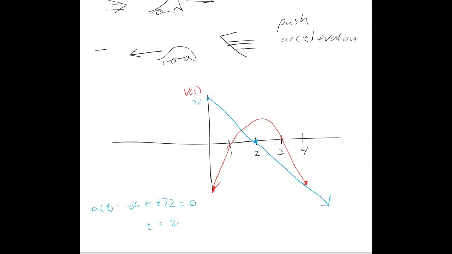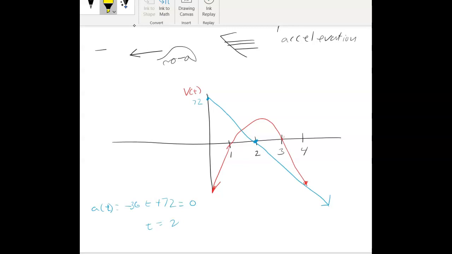So if I partition this, I'm looking to see when the red and the blue are both on the same side of the x-axis, when the velocity and acceleration have the same sign. From 0 until 1, acceleration is positive and velocity is negative, so they're not the same.